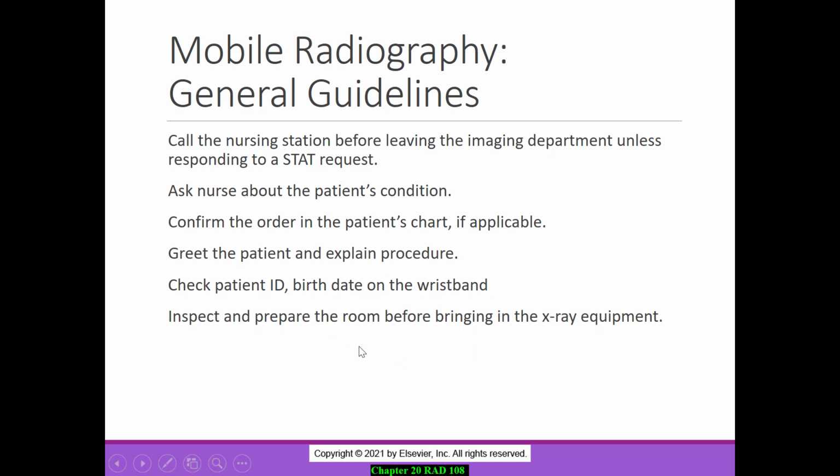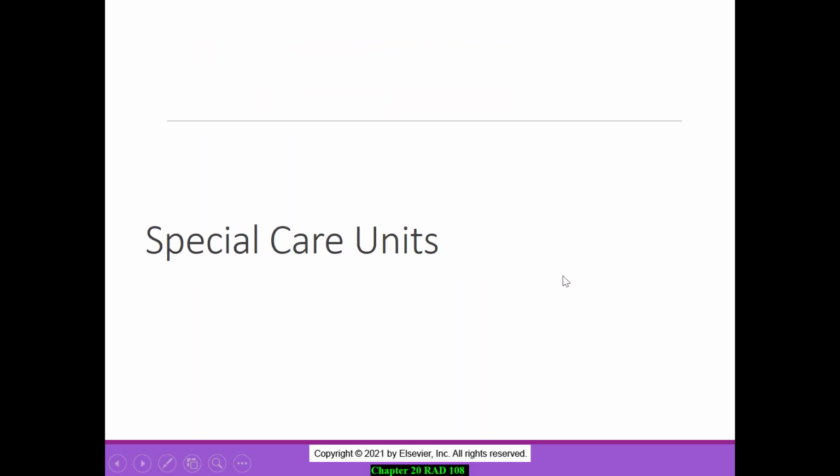And then make sure that you inspect and prepare your room for what the conditions are before you bring your x-ray equipment in. So what are those limitations that you have to work around? There are some things that I want you to think about. If they're in orthopedic traction, so this is a type of device that may lock them in place when you're going into the room.